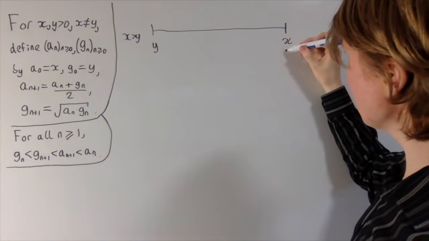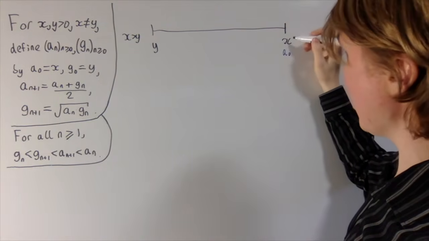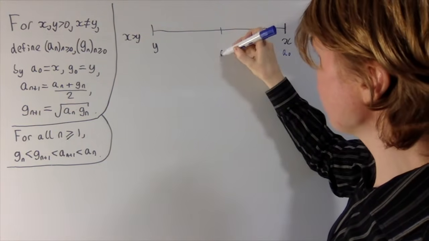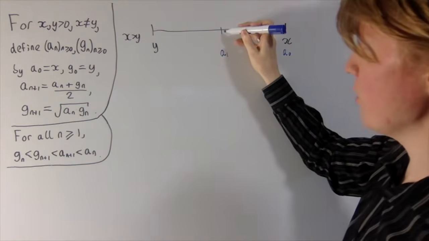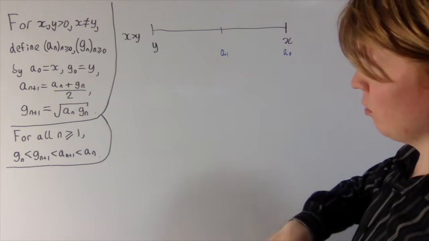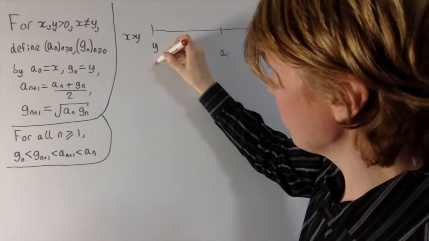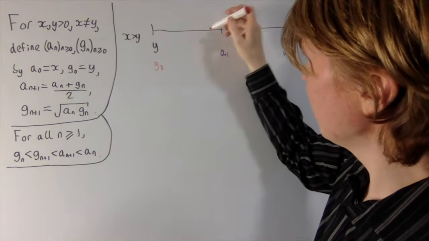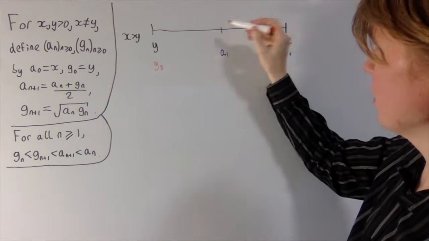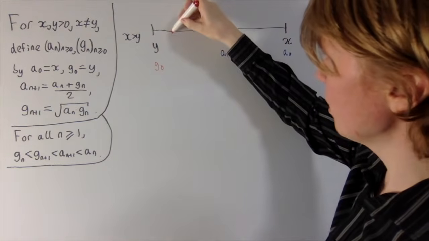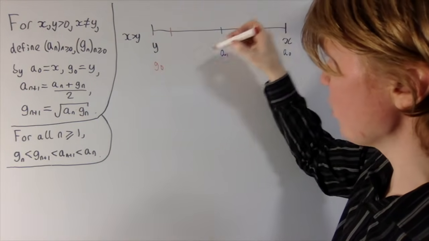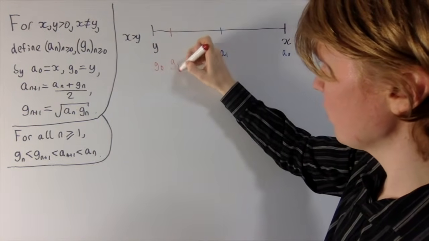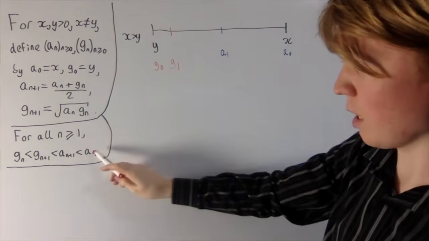Well, we know that A0 is equal to x, and we know that A1 is the arithmetic mean of these two. We know that G0 is equal to y, and then we know that G1 is the geometric mean of y and x. This is somewhere between G0 and A1. So we're using these inequalities here.